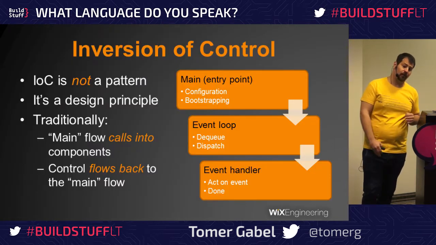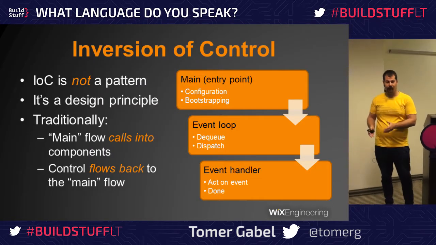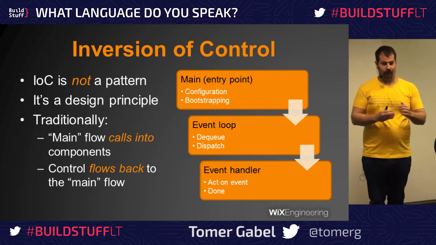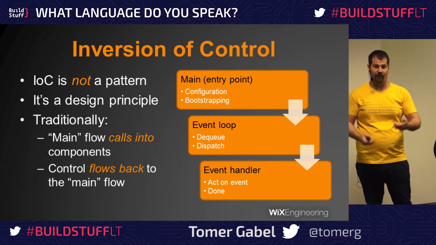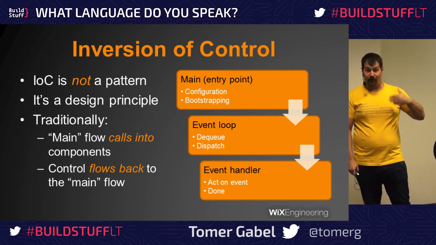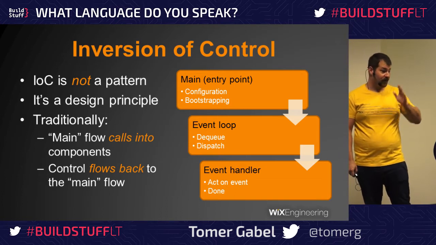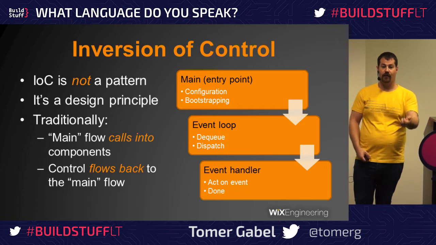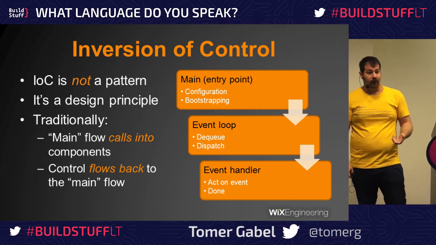It's a design principle that stipulates that whereas traditionally your code has full control, like the control flow in your program starts at some point, you have your main entry point, you have your main function, whether it's in C# or Java or whatnot. Control starts there. That's where you start working.